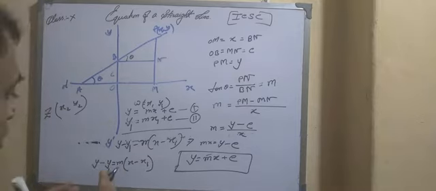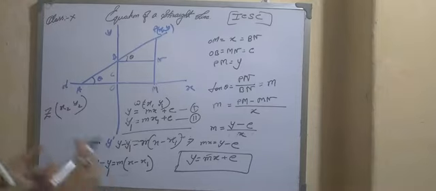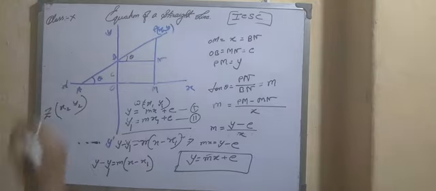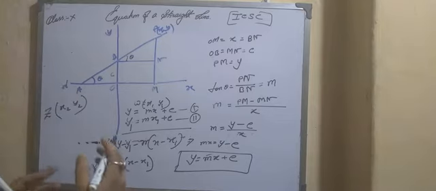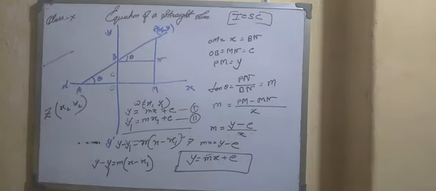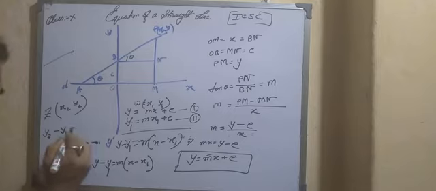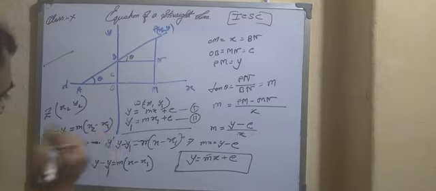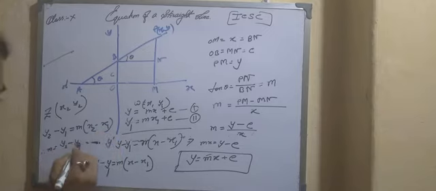That means two points are given, and we have to find the equation of that straight line. Putting x2, y2 in this equation, we get y2 minus y1 equals m into x2 minus x1. Therefore m is equal to y2 minus y1 by x2 minus x1.